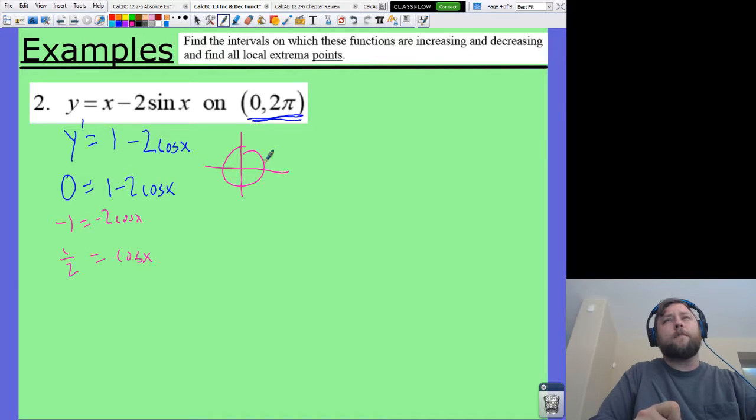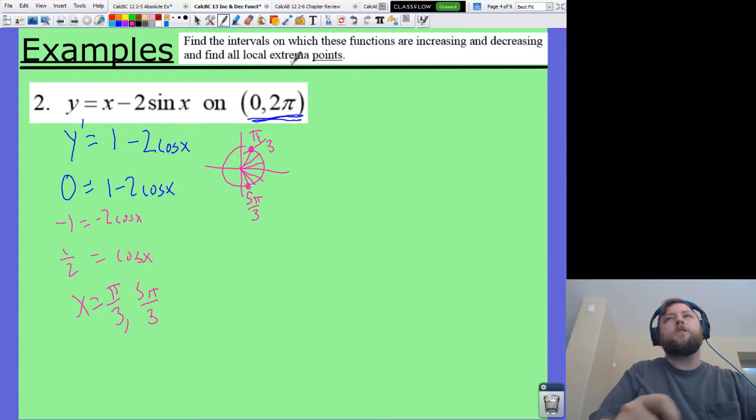The 1/2 happens in the positive, and that is going to be the spoke right here, and the spoke down here. This one is pi over 3, and this one is going to end up being 5 pi over 3. So x equals pi over 3 and 5 pi over 3. I have two critical numbers.